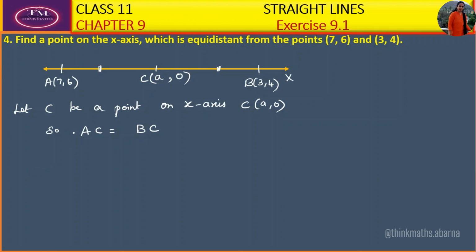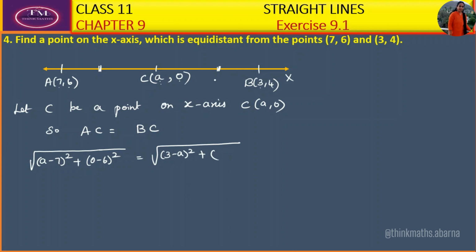What is the distance formula? The square root of (x2 minus x1) whole square plus (y2 minus y1), which is (0 minus 6) whole square, is equal to the square root of (x2 minus x1) whole square plus (y2 minus y1), which is (4 minus 0) whole square.